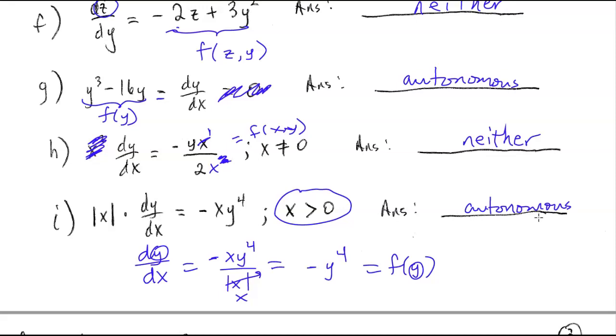Whenever we have an autonomous differential equation, there are other things that we need to consider, like do we have any constant solutions?